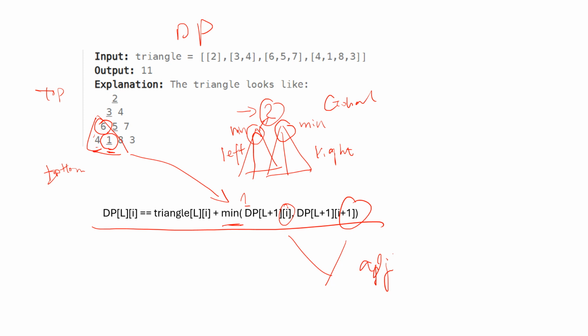Pay attention to the level here: this was l plus 1, but here is l. So we move one level up to find the value, 6, and add 1, which gives us 7, the optimal solution for this subproblem. We simply repeat that for this one, then one level up, and then for the final one. This is how we construct the final solution.